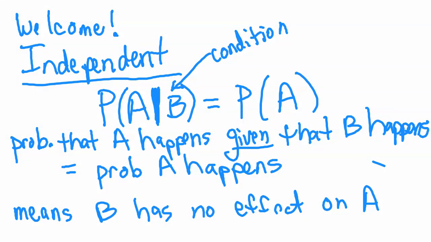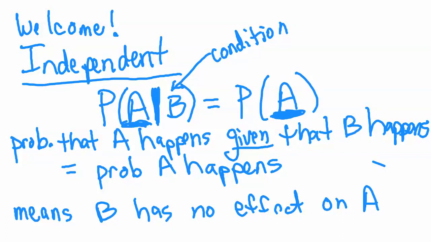Then it's saying, what's the probability that A happens? So if the probability of A given B is the same as just the probability of A anyway, then that means B doesn't matter. B has no effect. So that would make A and B independent. So that's what they're asking you in this problem.